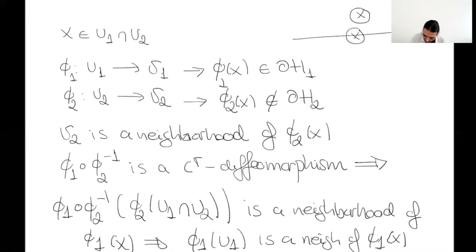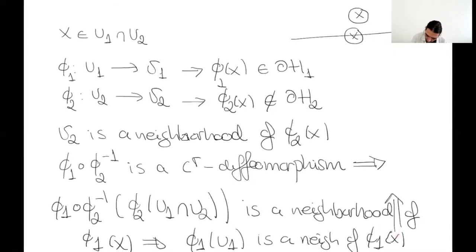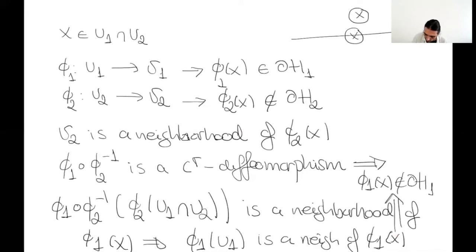So we get that phi1 of X does not belong to the boundary of H1. And we get a contradiction. So the definition of a boundary point does not depend on the choice of local charts. So in order to see if a point is a boundary point, we can choose a local chart. We see if it's a boundary point for that local chart. And if it is, it's a boundary point of M. It's that simple. It's a property that we can check in any local chart whose domain contains the point X.